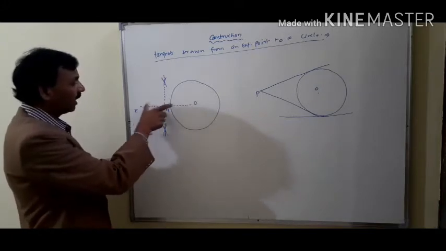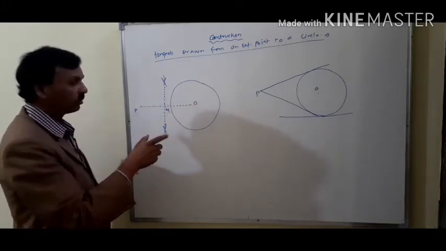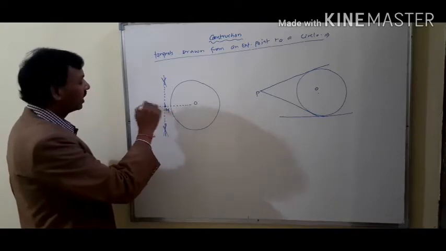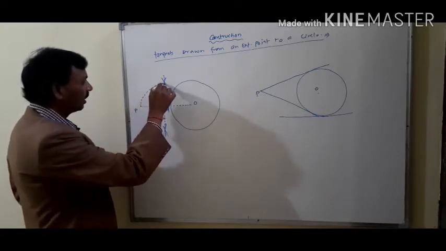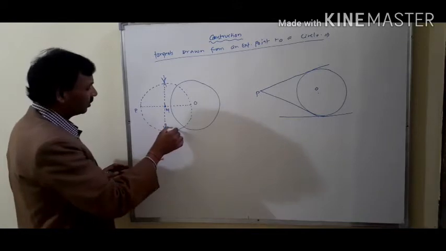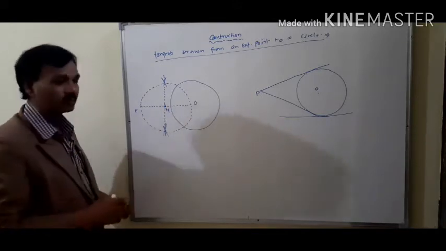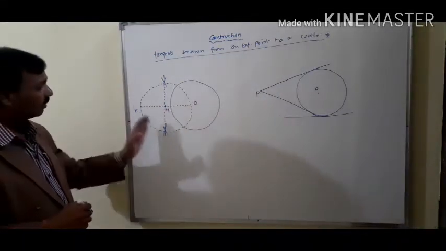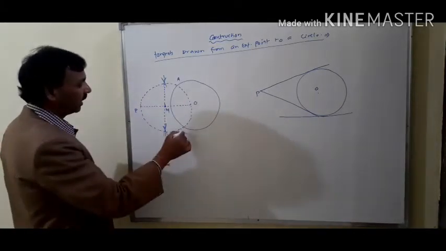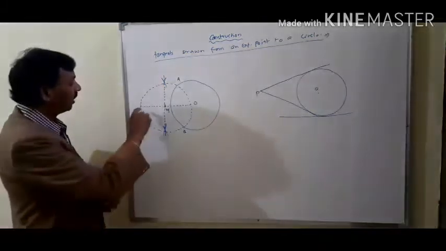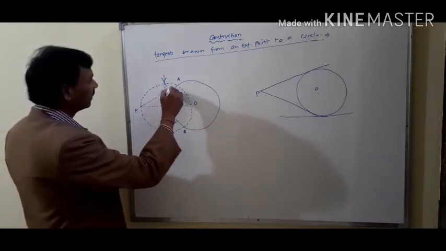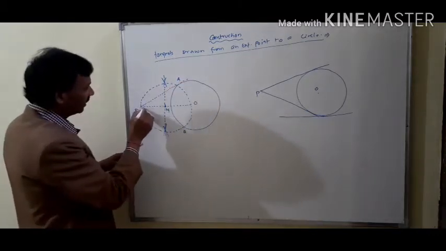MP and OM are both equal, so we take a radius in our compass equal to OM, and draw a circle with center M which passes through P and O. You can see that this new circle cuts the original circle at two points denoted by A and B. Join PA and PB with the help of a scale, like this and like this.